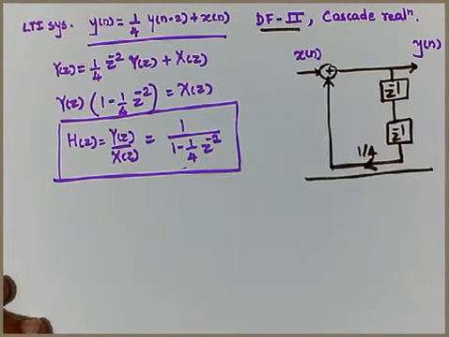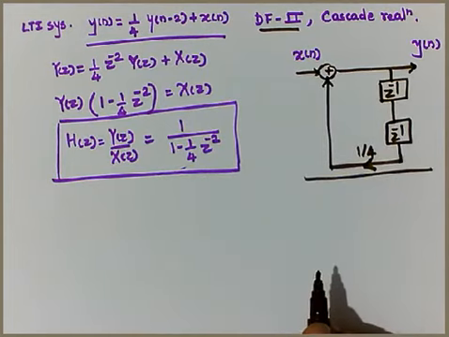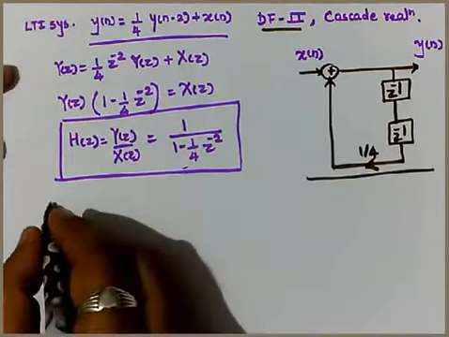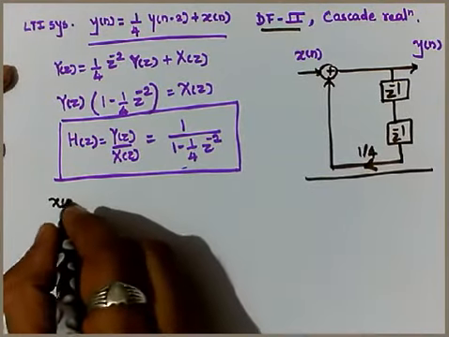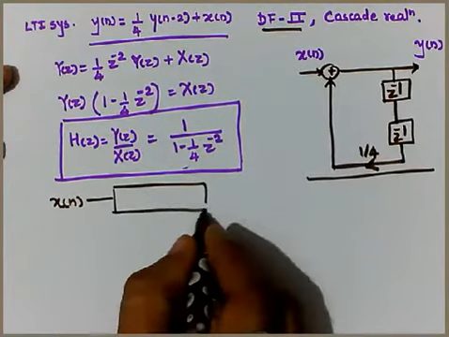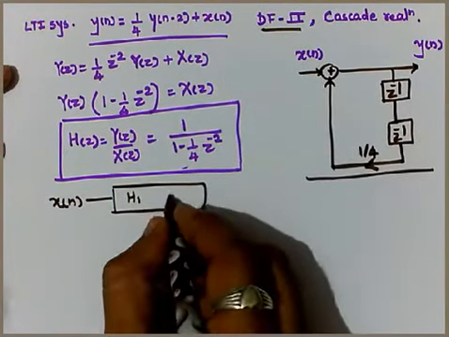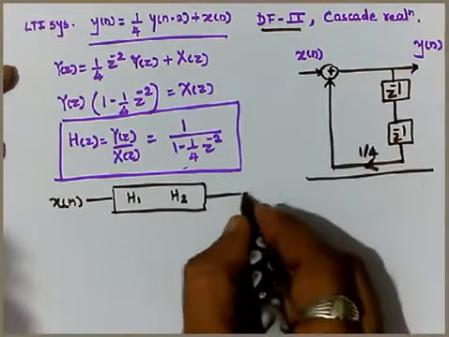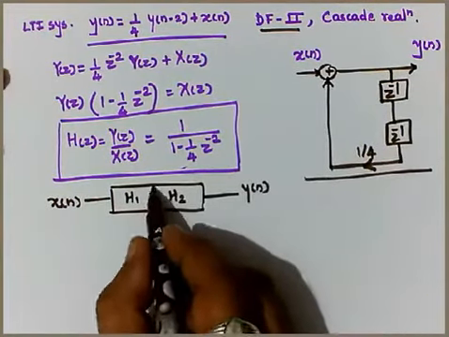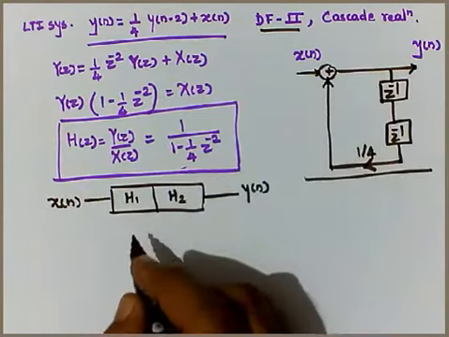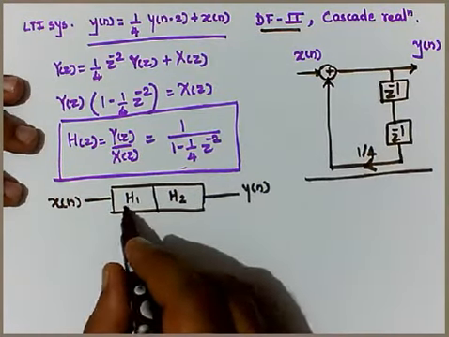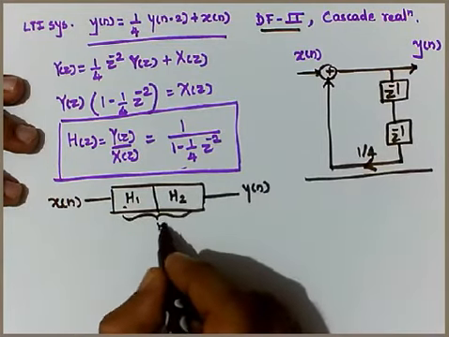Now let's proceed for cascade form realization. In case of the cascade form realization, if this is x of n, this is h of z, which can be distinguished as h1 and h2 of z, and later on we are getting y of n. When we multiply these h1 and h2, we should be able to identify it with respect to the resultant h.